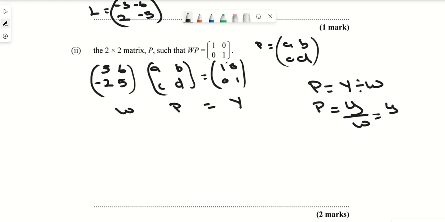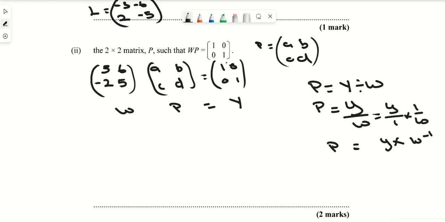This is Y over 1 multiplied by 1 over W. Laws of indices state that this 1 over W is W to the negative 1, which is also known as the inverse. So P is equal to Y by W inverse.